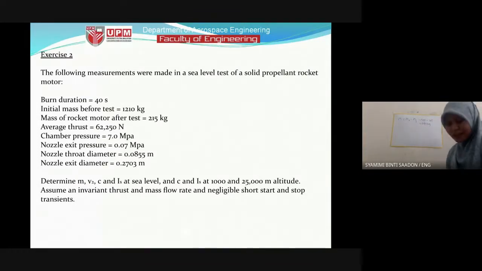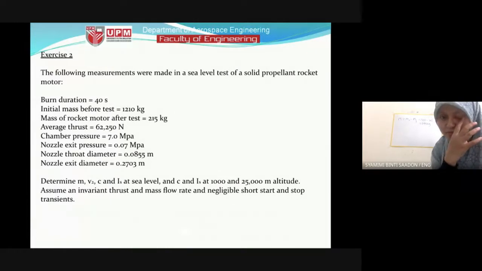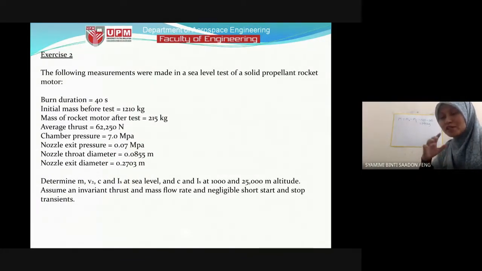Then we want to calculate the mass flow rate. The burn duration, we suppose, is the duration of the rocket.